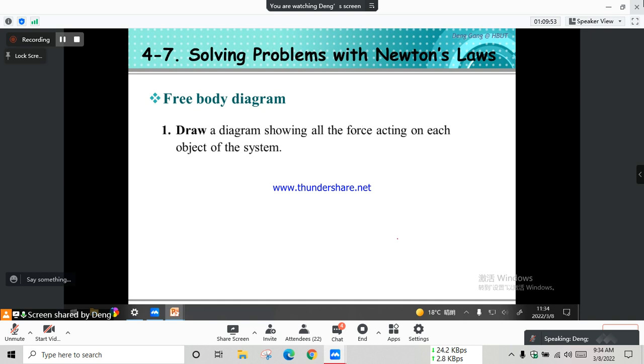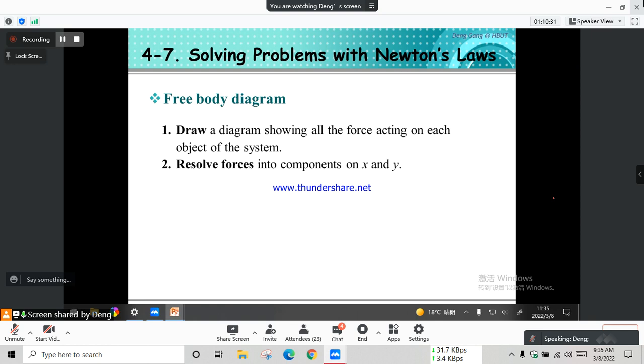The free body diagram is a diagram that shows all the forces acting on each object of the system. So if inside this system we have 2 objects, we need to draw the force on each object, on both of them, separately, not as a whole.